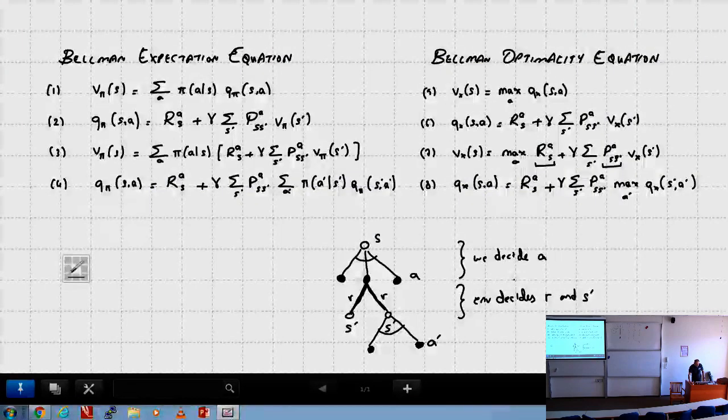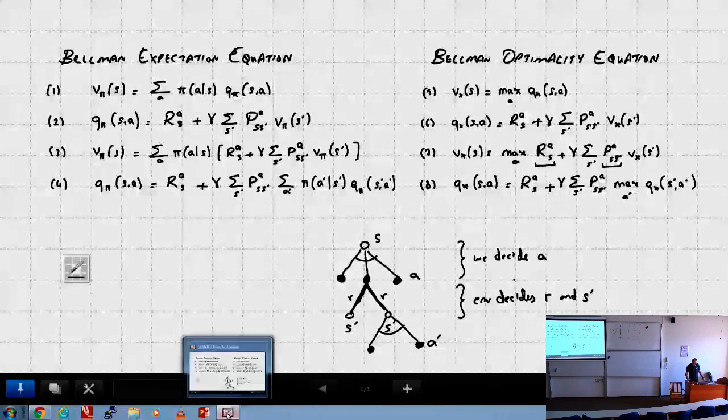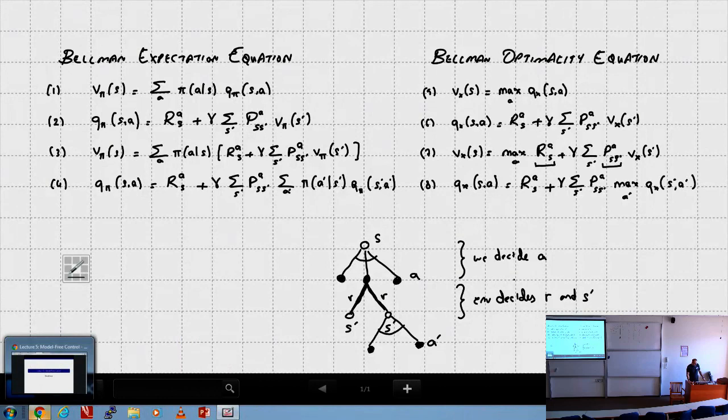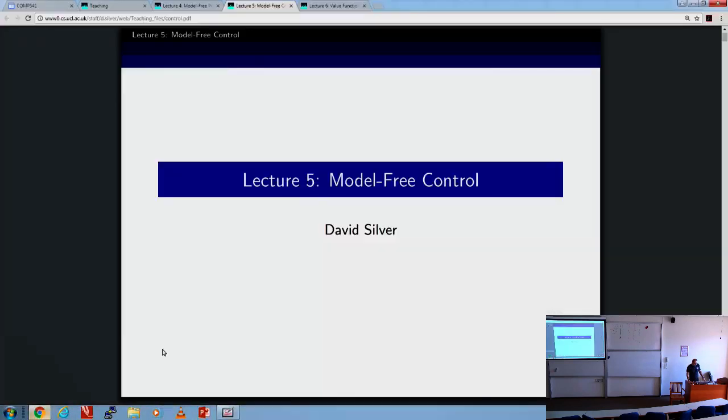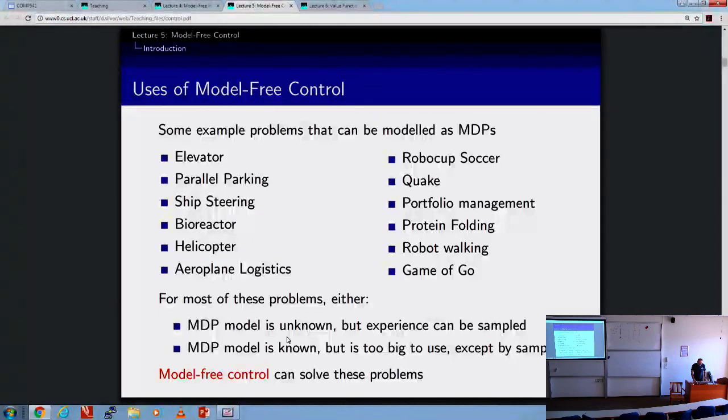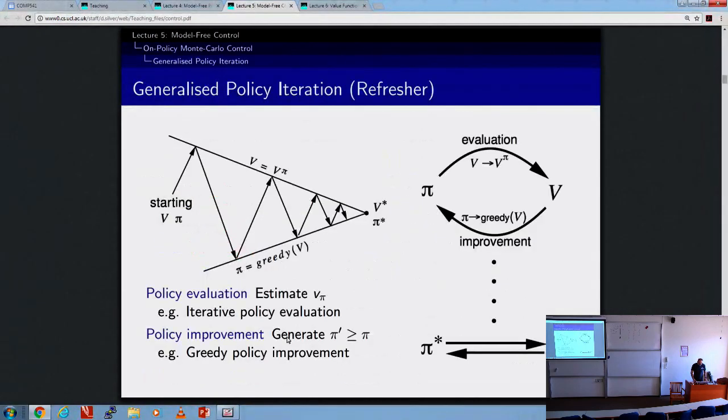So we use the Bellman expectation equation to evaluate the policy in the dynamic programming solution, and then we act greedily. To improve the policy here, we're going to use the TD and MC methods that we've seen in the last lecture. Okay. So here's our policy iteration slide.